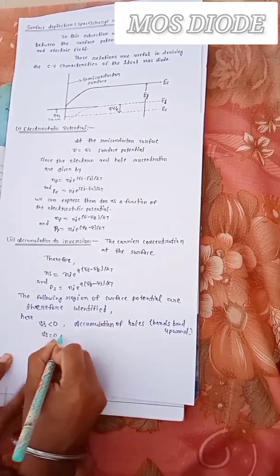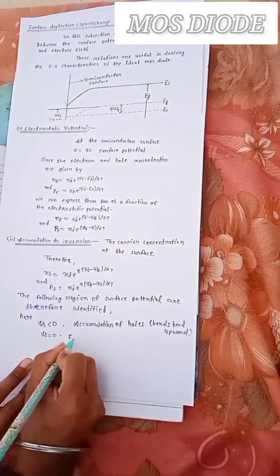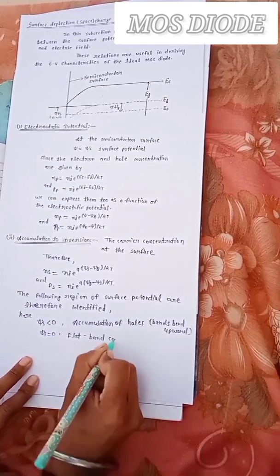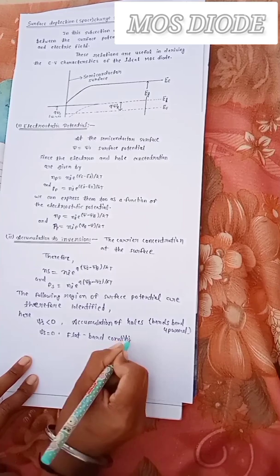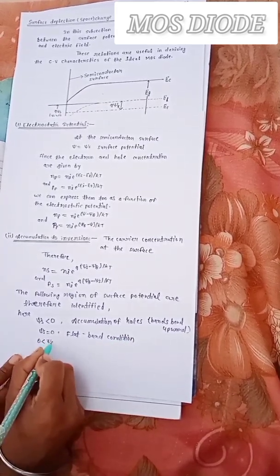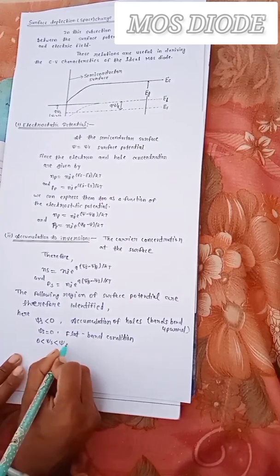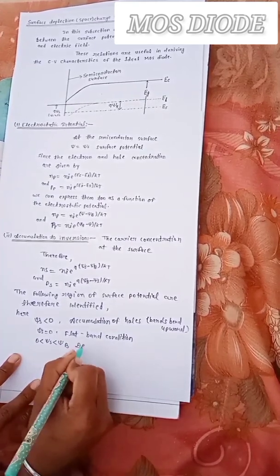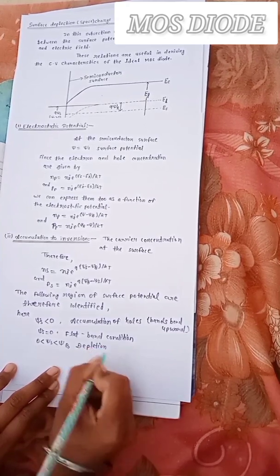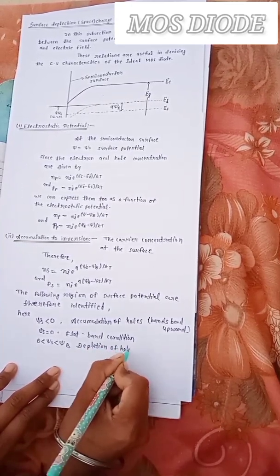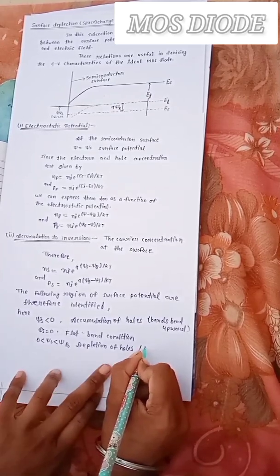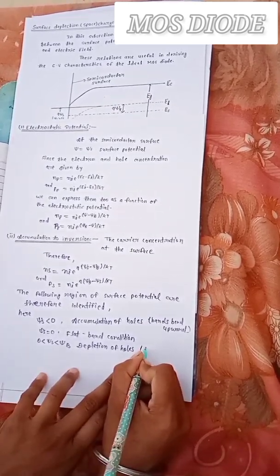Phi s equals 0: this is the flat band condition. And 0 less than phi s less than phi b: depletion of holes, and in this condition the bands bend downward.